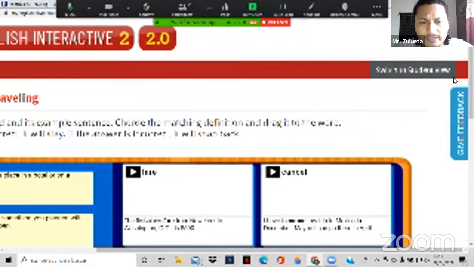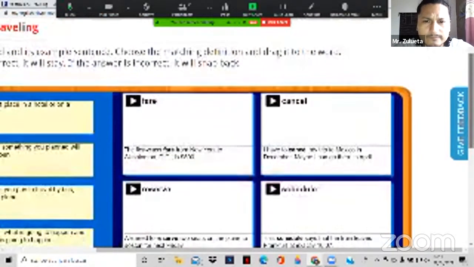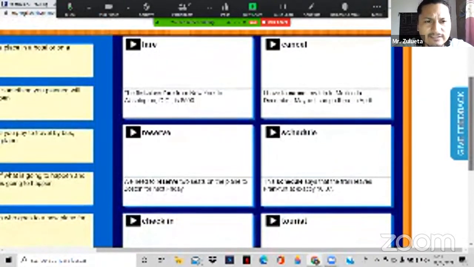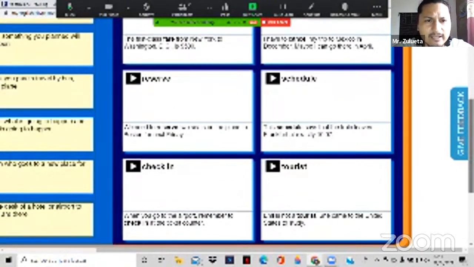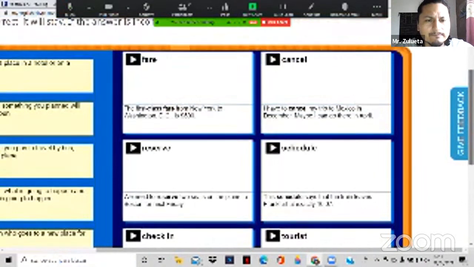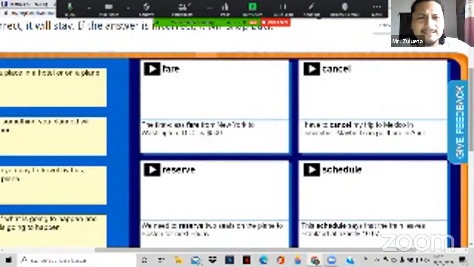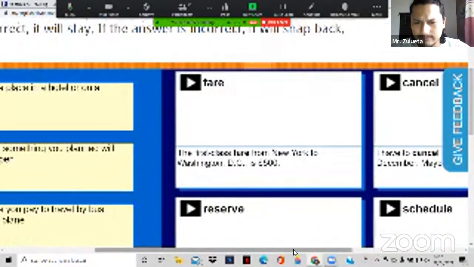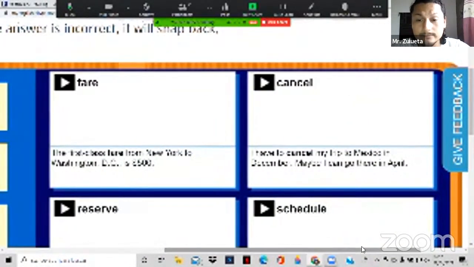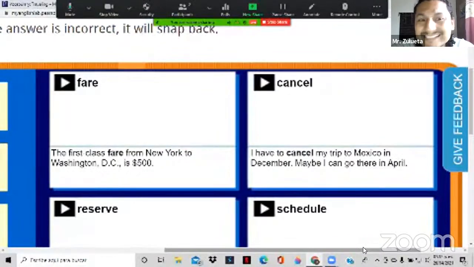So today we are concentrated with fare, cancel, reserve, schedule, check-in, and tourist. Now let's begin by listening to the actual pronunciation, and it's not the meaning, but it's an example using this word. Let's begin.